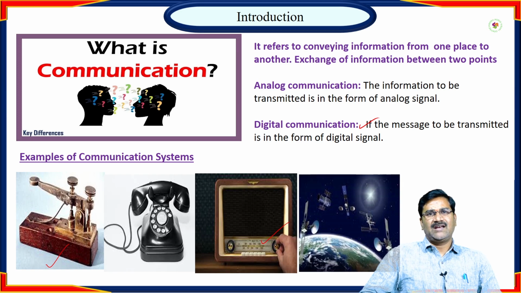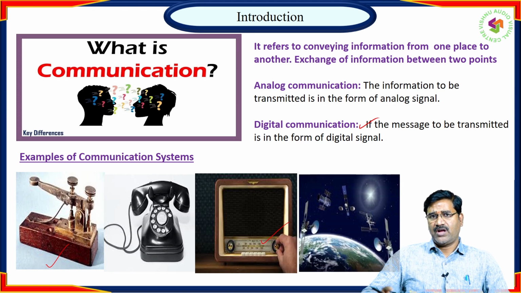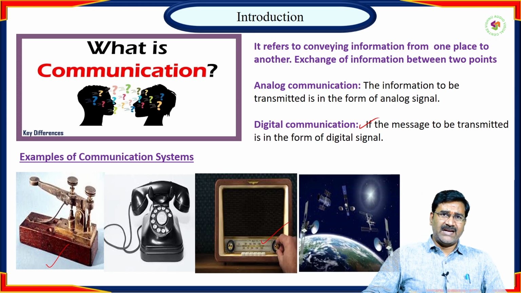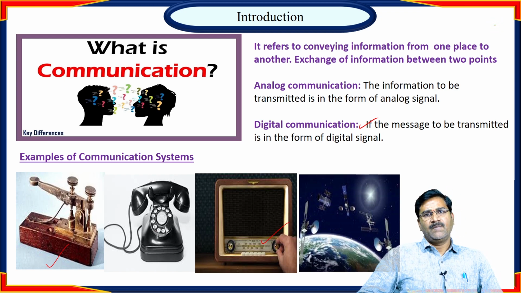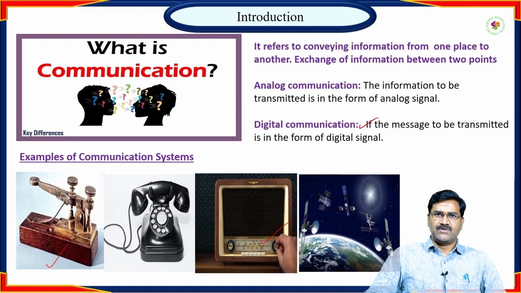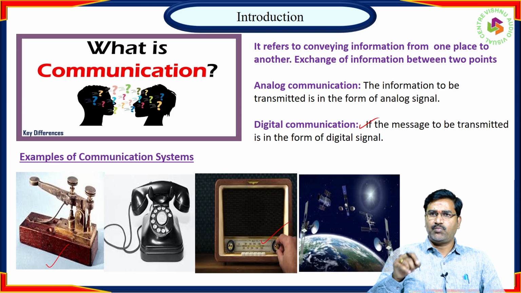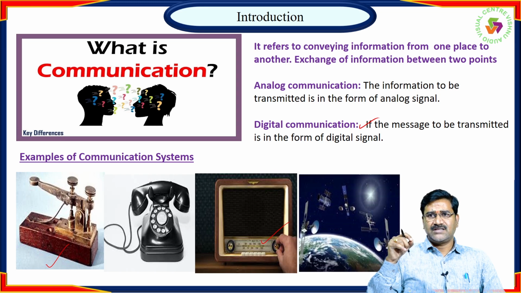And you have satellite communications, radio navigation, and aircraft communications, so we have so many communication systems. If you look at all these communication systems, different communication systems will work at different frequencies. The frequency is a very important term, where the signals are going to be transmitted over the system.